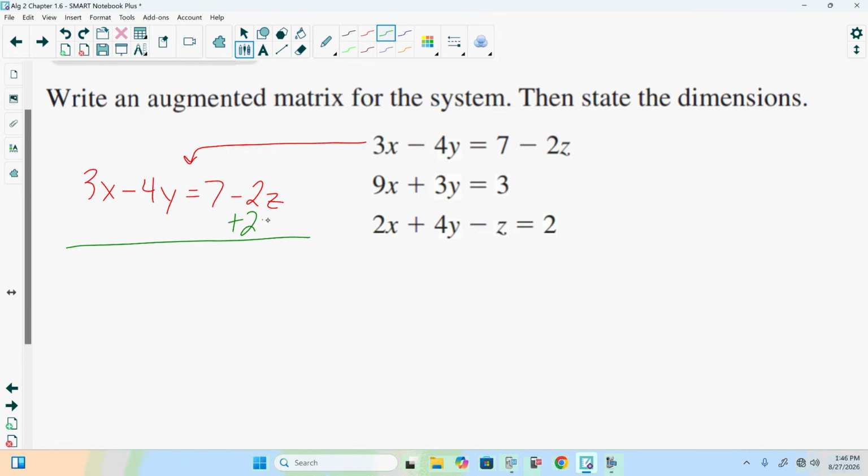Because if I add 2Z to the right-hand side, negative 2Z plus 2Z, negative 2 plus 2 is 0. So that will leave us with 7, our constant term on the right-hand side. On the left-hand side, x, y, and z are not like terms. So we have 3x minus 4y plus 2z.